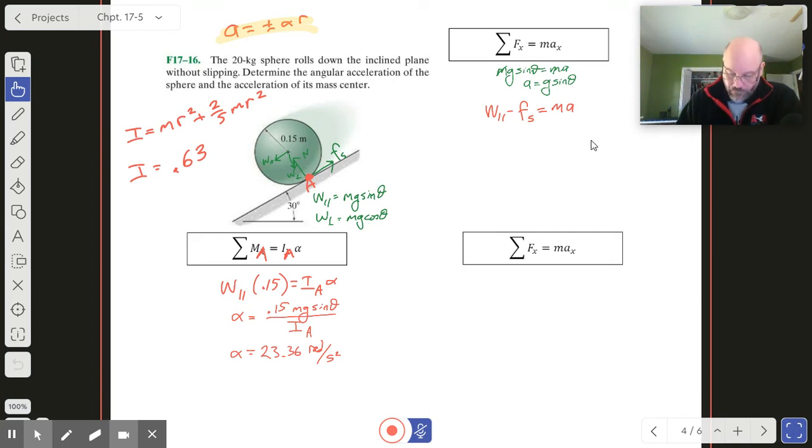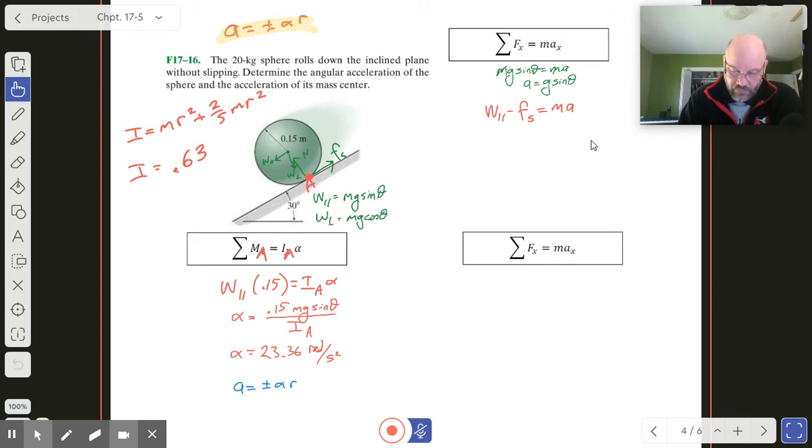All right. Well, now we can use our handy relationship that relates a to plus or minus alpha R. So we've got to figure out, is it going to be plus or is it going to be minus?